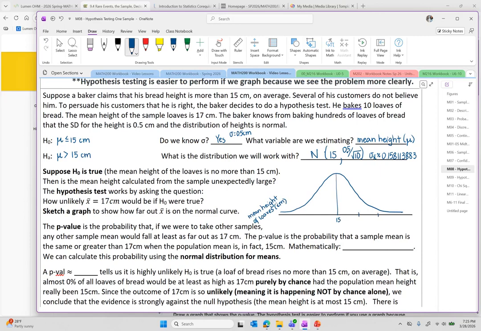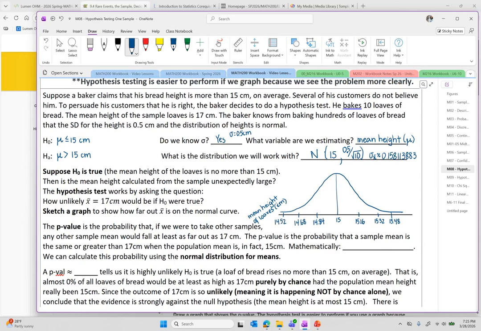So remember that the normal distribution usually goes 3 tick marks to the left and 3 tick marks to the right. And the values will be increments of 0.16. So 15.16, 15.32, 15.48, and on the left 14.84, 14.68, and 14.52.